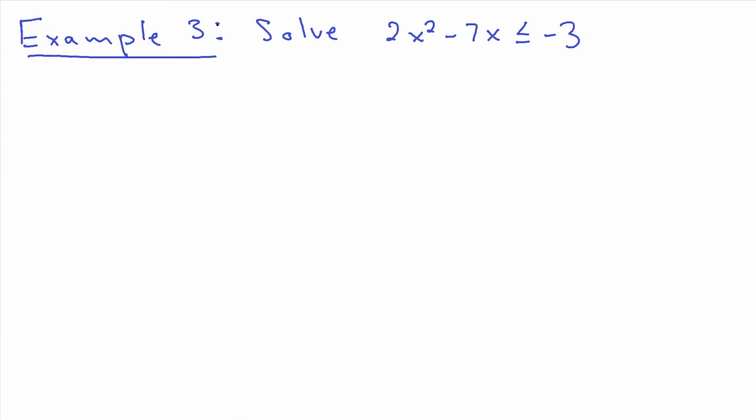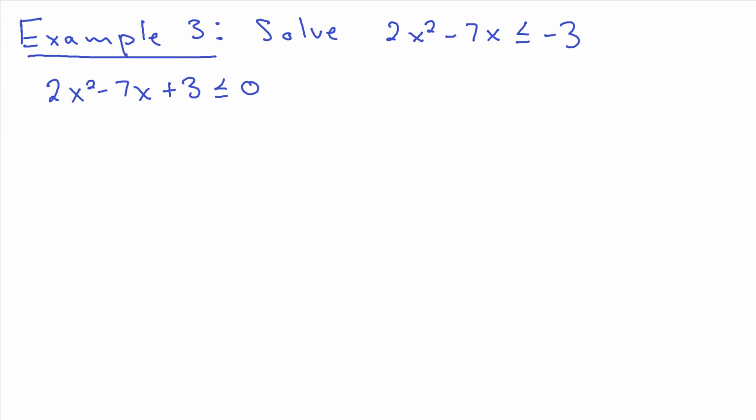Now, let's see this applied to a problem. So here's our inequality from before, and we want to solve 2x squared minus 7x is less than or equal to negative 3. So the first thing that I'm going to do with this is I'm going to move everything over to the left-hand side. So I have 2x squared minus 7x plus 3 is less than or equal to 0.